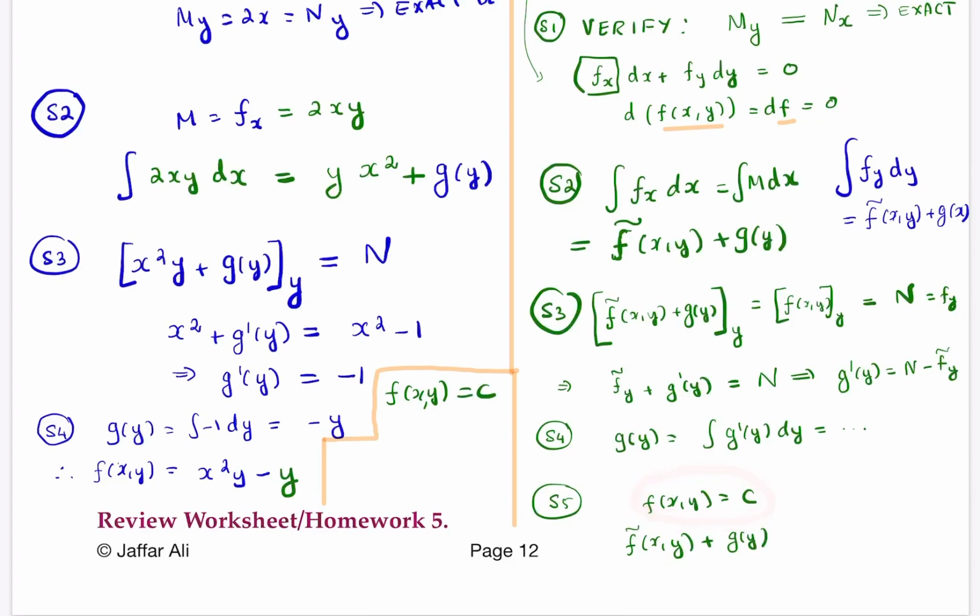And my f of x comma y is x squared y minus y equal to c, and that's the solution curve.